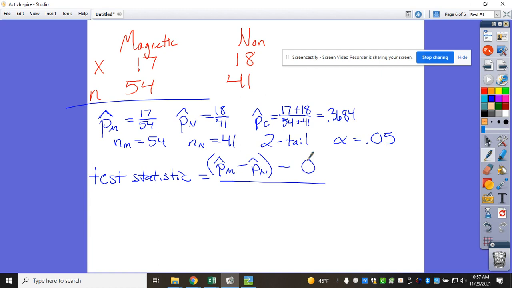And then what about the bottom? Square root of P hat C times 1 minus P hat C, times 1 over N with my subscript, and then same thing over here, except the other subscript, my other N.